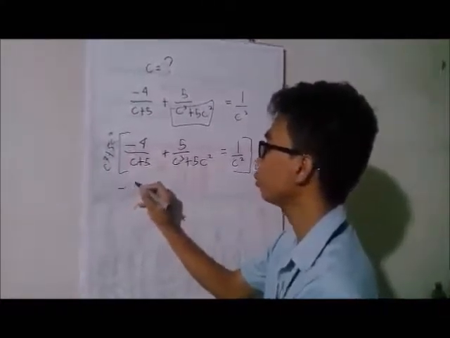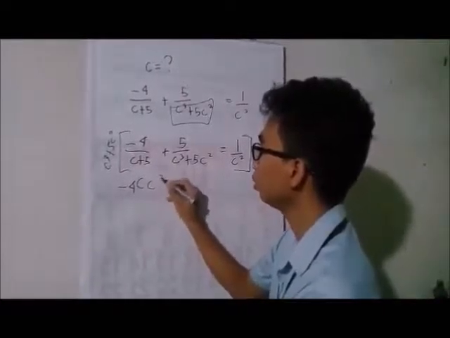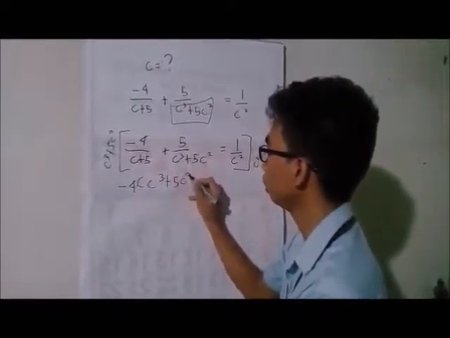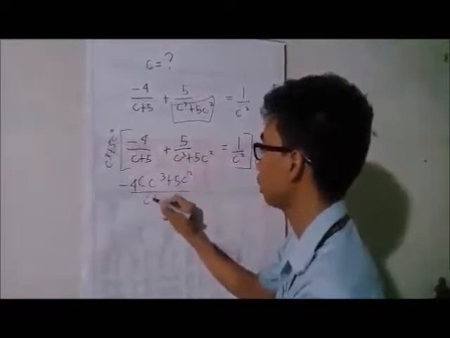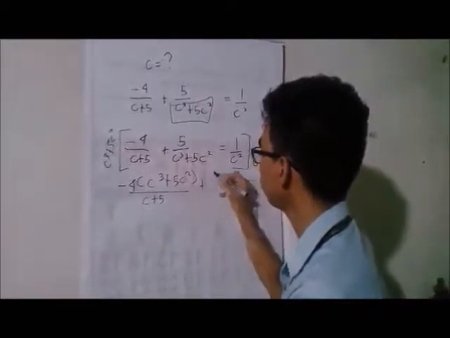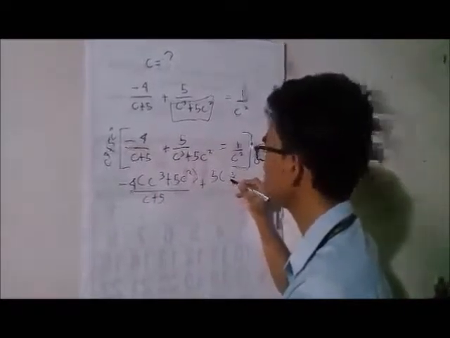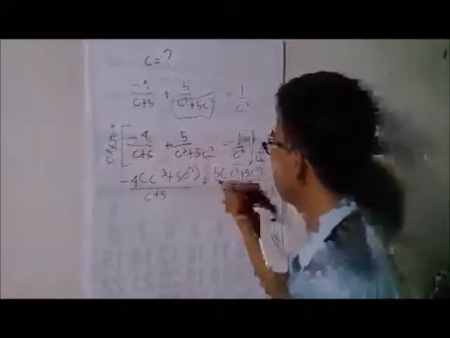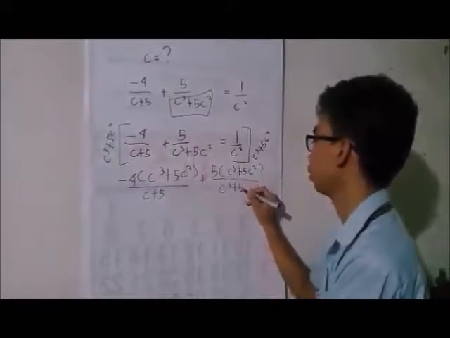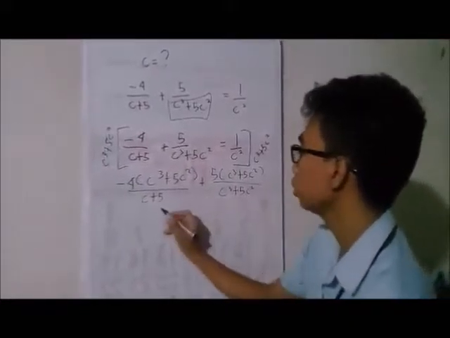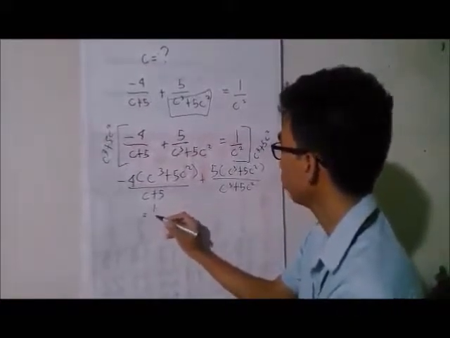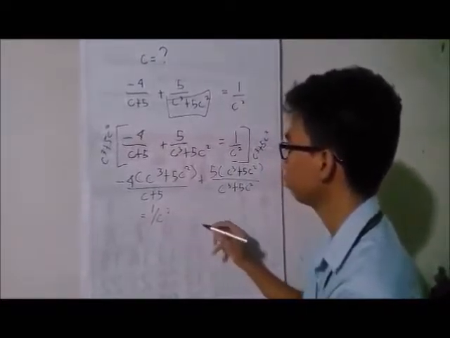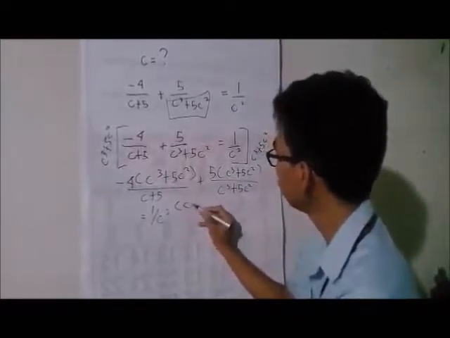First, negative 4 multiplied by C cubed plus 5C squared over C plus 5, plus 5 multiplied by C cubed plus 5C squared over C cubed plus 5C squared, is equal to 1 over C squared multiplied by C cubed plus 5C squared.